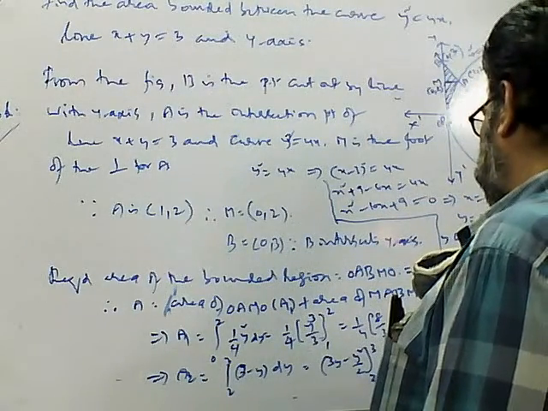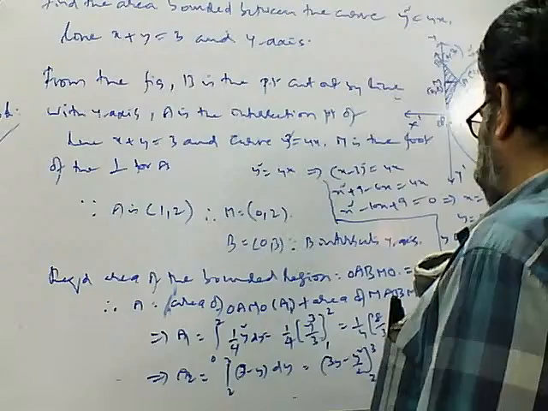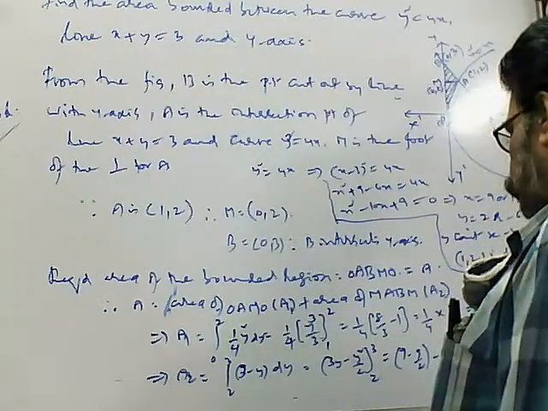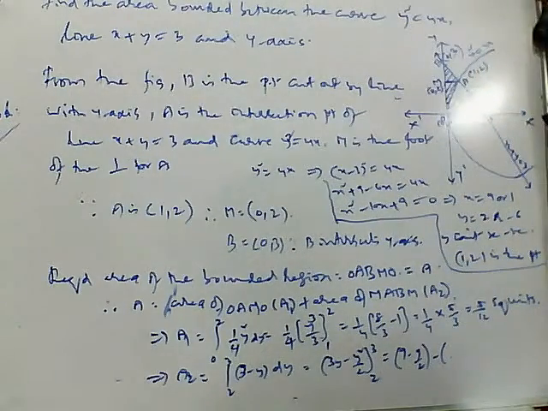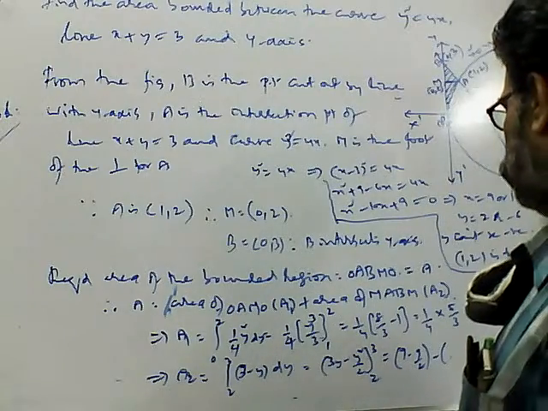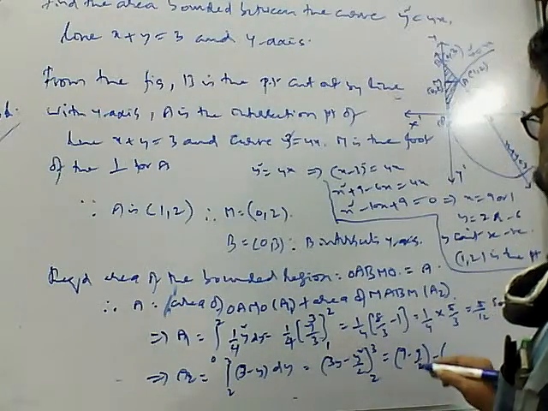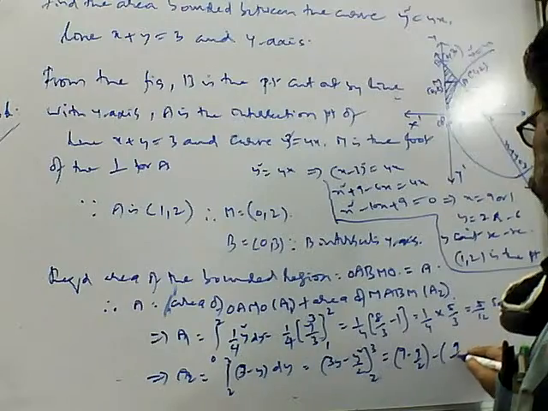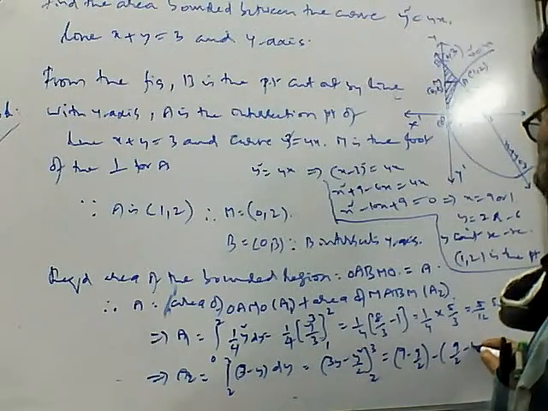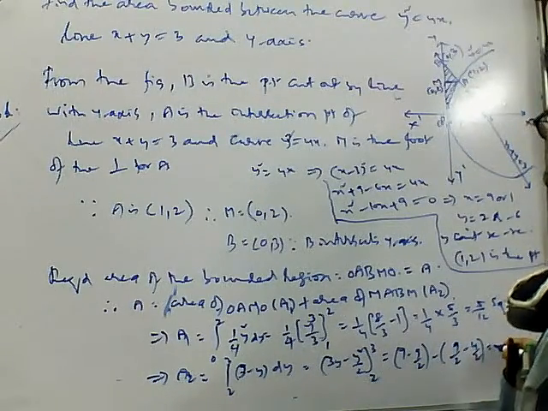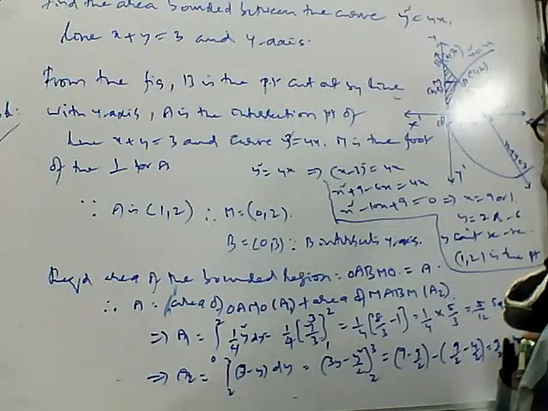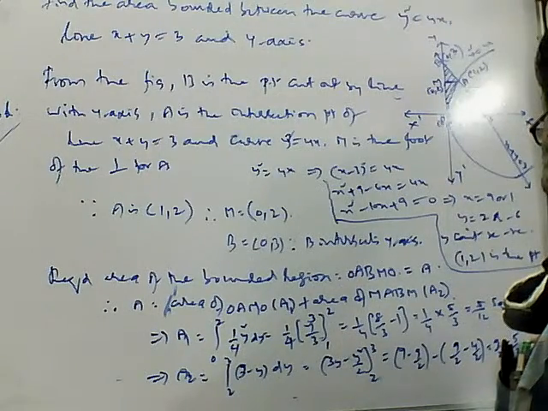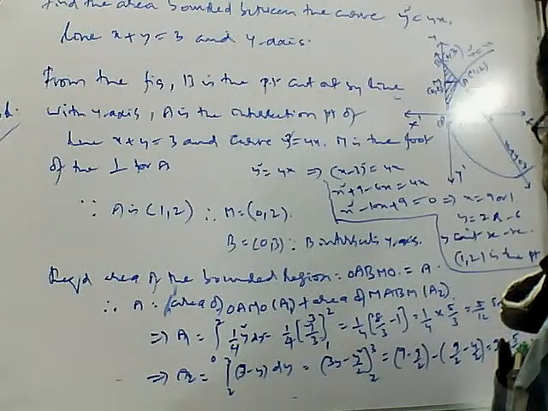Nine minus 9 by 2 minus of 9 by 2 minus 4 by 2. This is equal to 9 by 2 minus 5 by 2, which is equal to 2 square units.